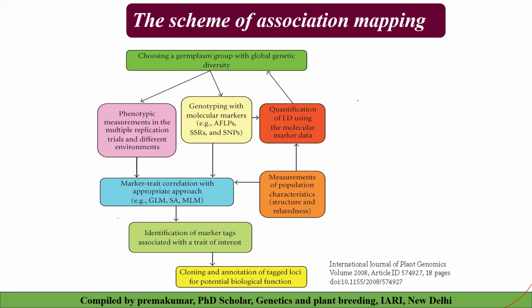In association mapping we can't tap the rare alleles, but in QTL mapping we can map the rare alleles. That's why in QTL mapping the power is high. But in QTL mapping the number of generations is so low, that's why the resolution is low. In association mapping, the advances accumulated through millions of years, that's why resolution is high.